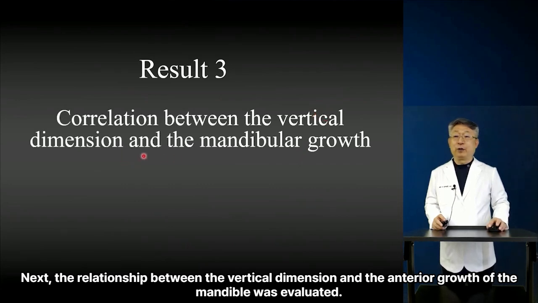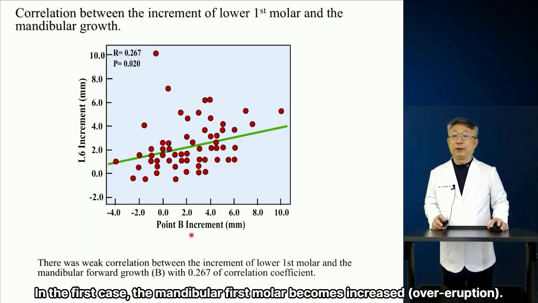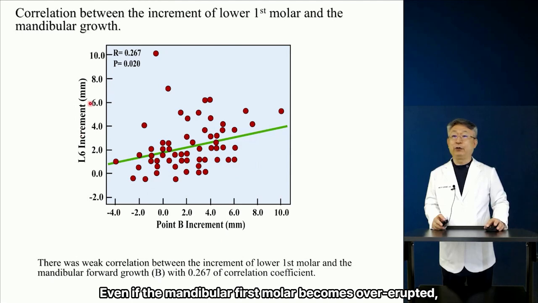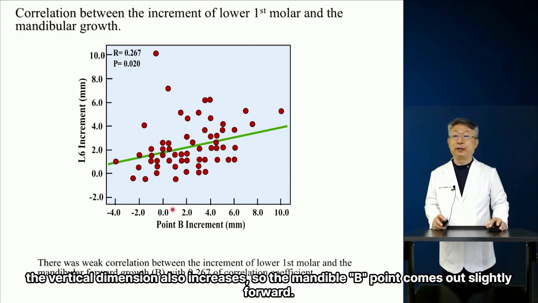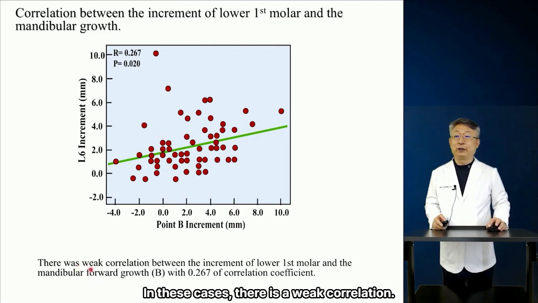Next, the relationship between the vertical dimension and the anterior growth of the mandible was evaluated. In the first case, the mandibular first molar has increased overeruption, and the vertical dimension also increases, so the mandibular B point comes out slightly forward. In these cases, there is a weak correlation.